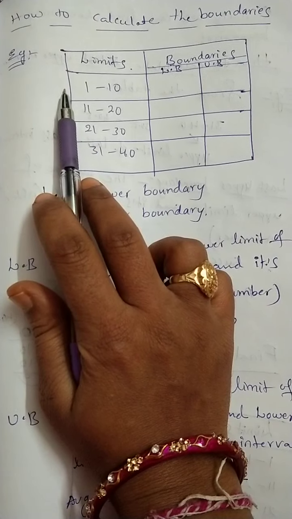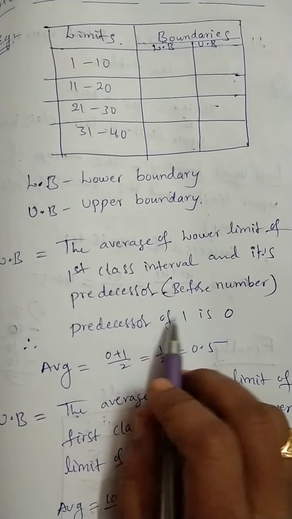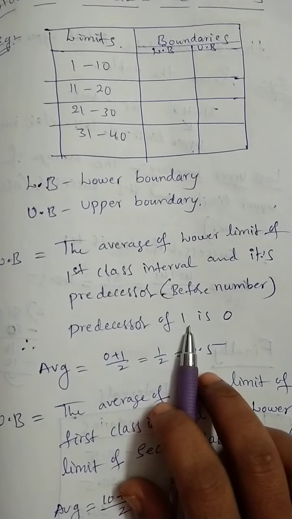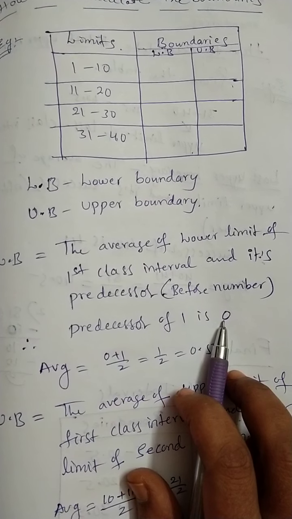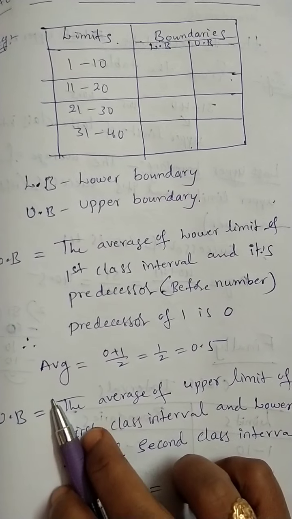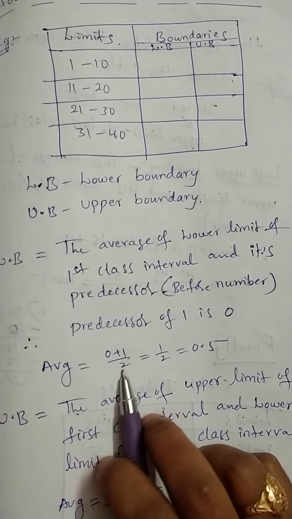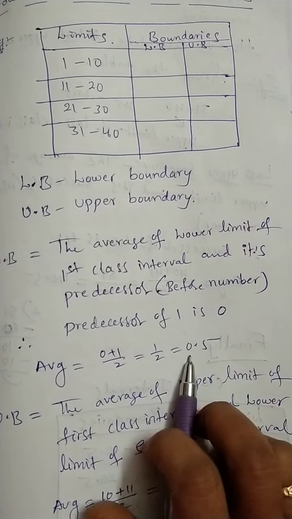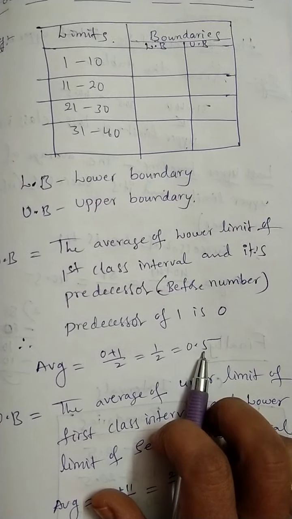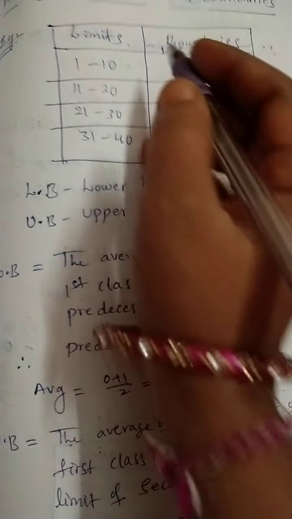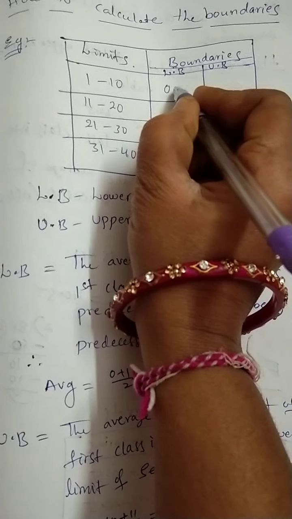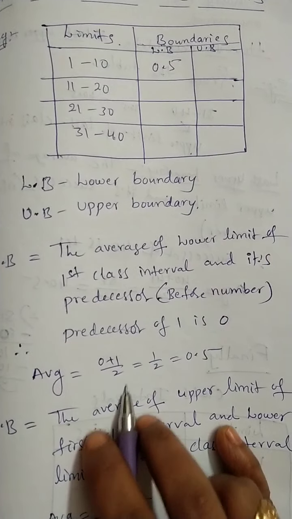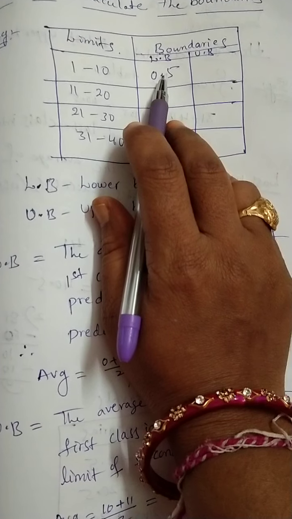The predecessor of 1, the lower limit, is 0, meaning the number before. So we should find the average: 0 plus 1 by 2, that is 1 by 2, that is 0.5. If you divide by 2 you will get the 0.5 value. So here the lower boundary is 0.5. Like this way we get the lower boundary of the first class interval.